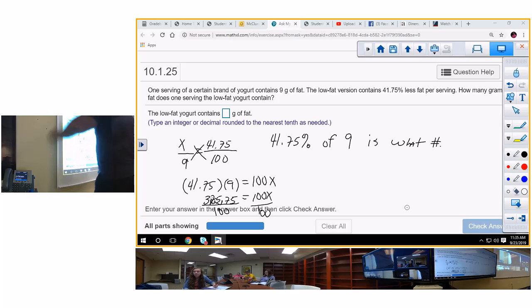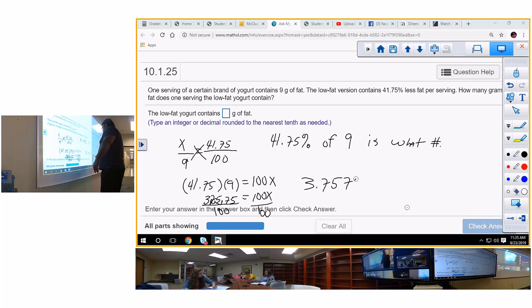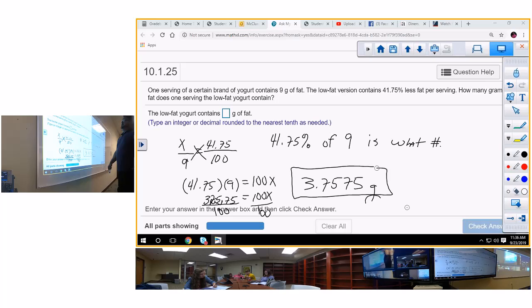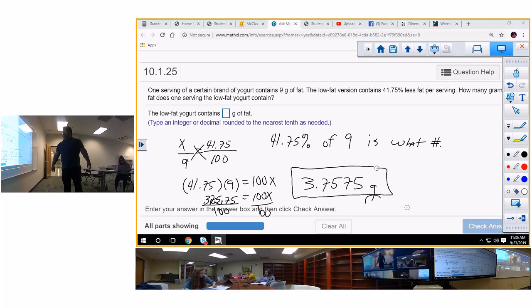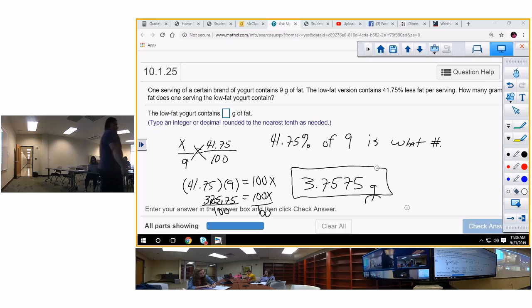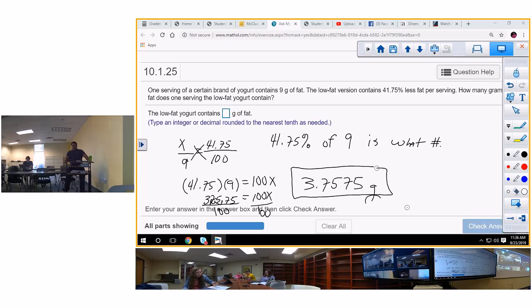So that's going to be 3.7575 grams. So 4 grams if they want you to round up. Round to the nearest tenth. So what would that be? 3.8. Should be 3.8.